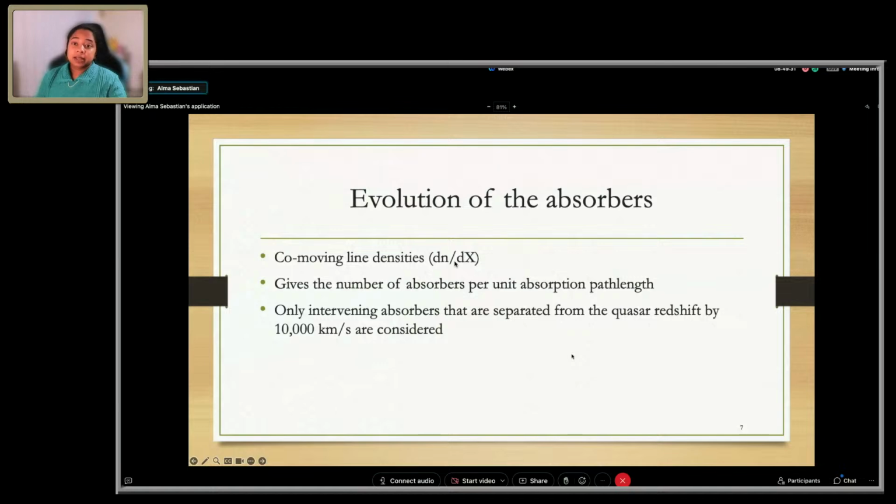To analyze the evolution of the absorbers, we use a technique called co-moving line density, or dN/dX, which will give you the number of absorbers per unit absorption path length. For this analysis, we only use those intervening absorbers that are separated from the quasar redshift by a velocity separation of 10,000 km per second.